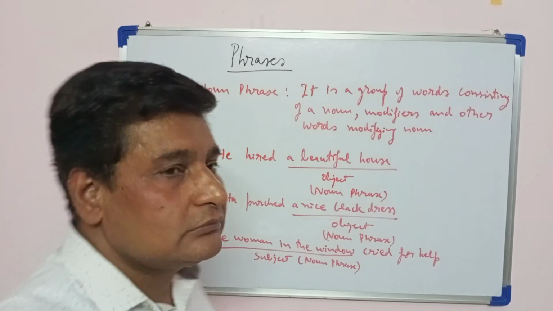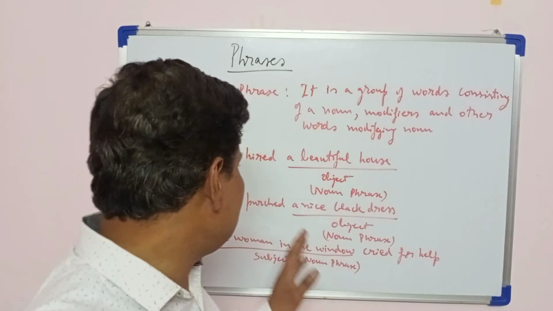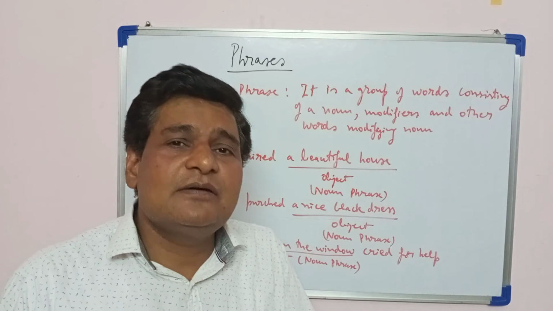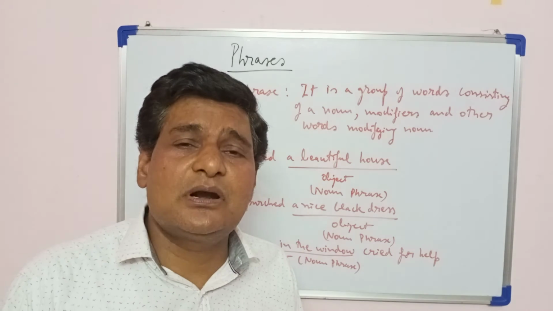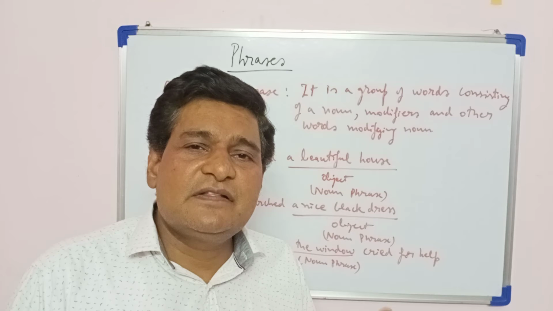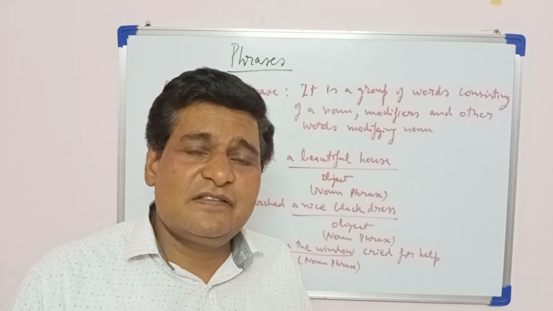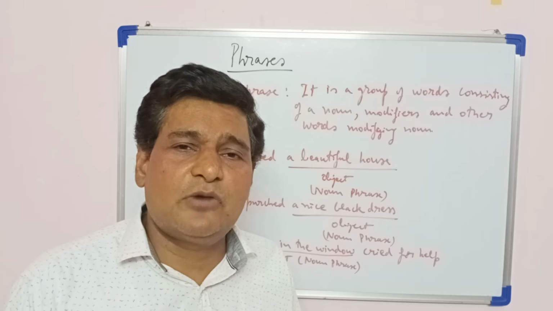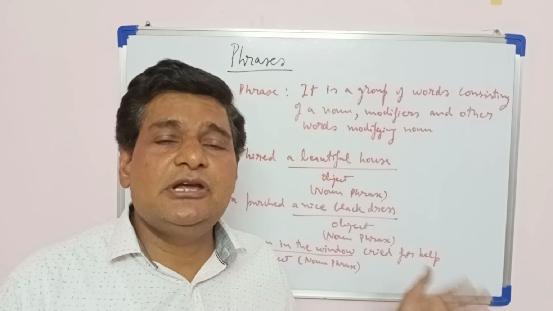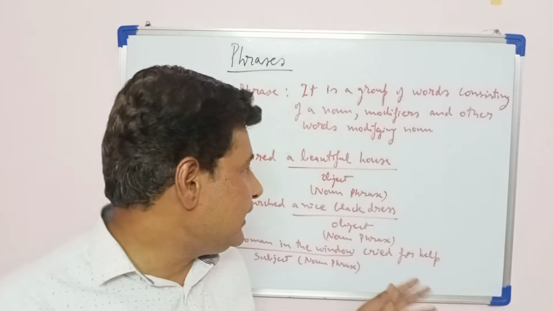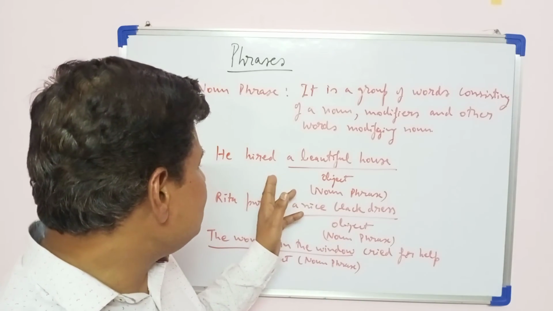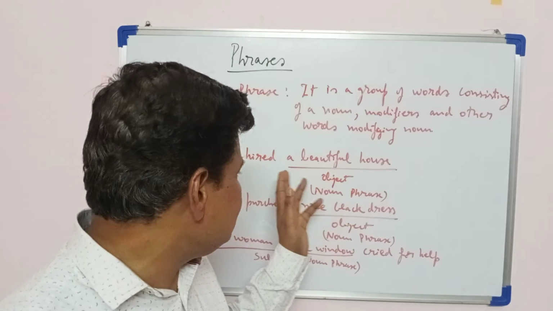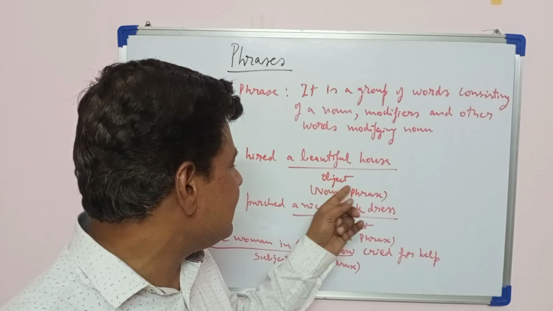So I hope you have understood how a noun phrase can work like a noun. It does the work of a noun. How does it do the work of a noun? It consists of a noun, some modifiers, and some other words which can modify the meaning of the noun. When the noun phrase is used after the verb, it works like an object.